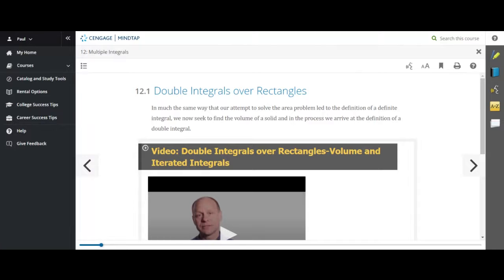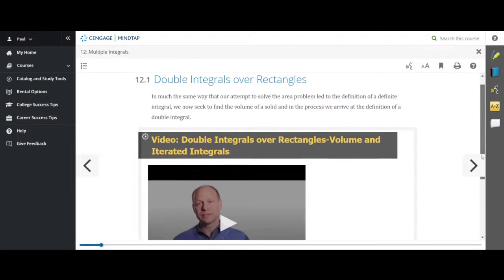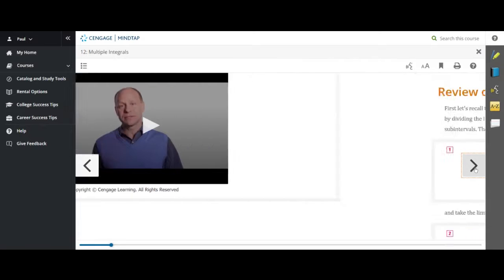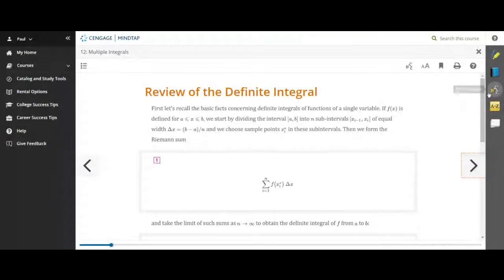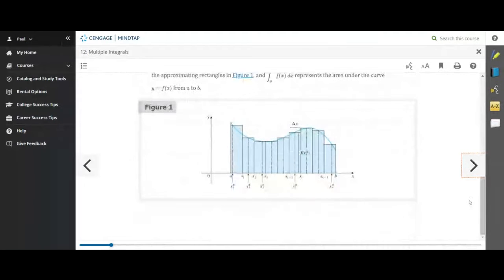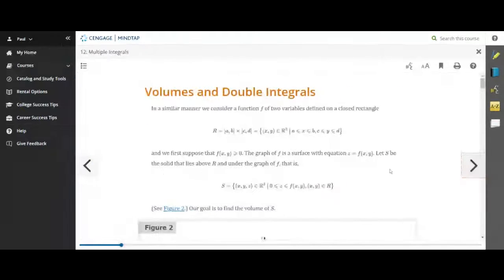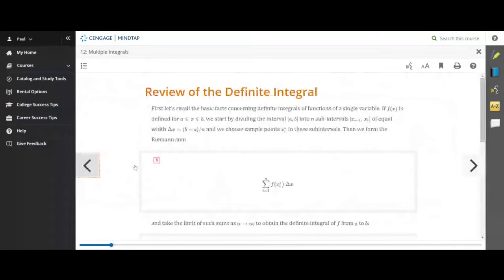Now the question is, how do these double integrals work? Well, just like in calculus 1, before we get to double integrals, it'll help us to work with Riemann sums. For instance, the book actually mentions this. They say, here's the Riemann sum, and you know what that Riemann sum was used for.